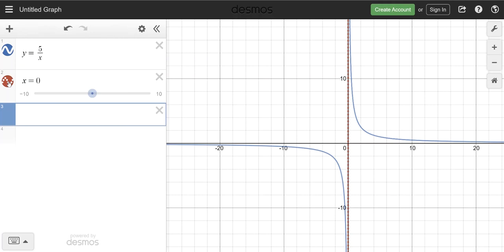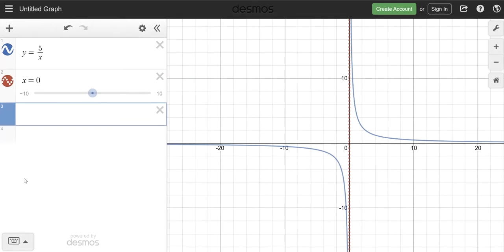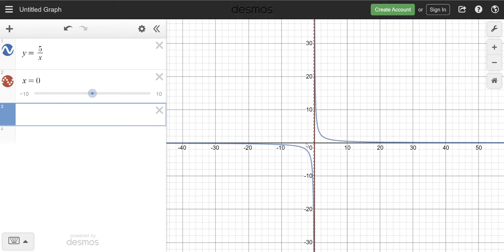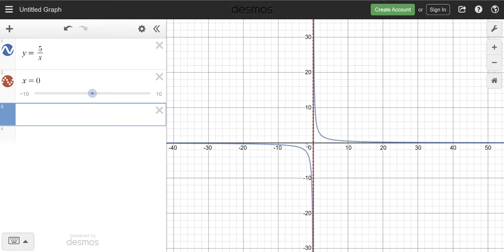Okay, a vertical asymptote. And the blue line is approaching that because when x is approaching 0, the function becomes infinitely large, going up. Let me zoom out here a little bit so you can see. That blue line approaches the red line, but theoretically it never touches the red line.